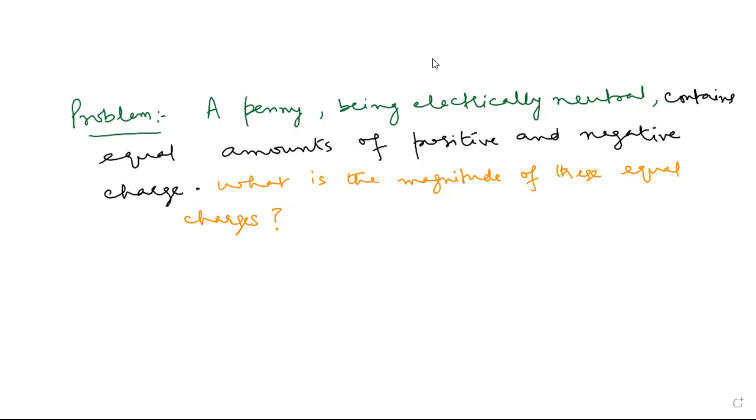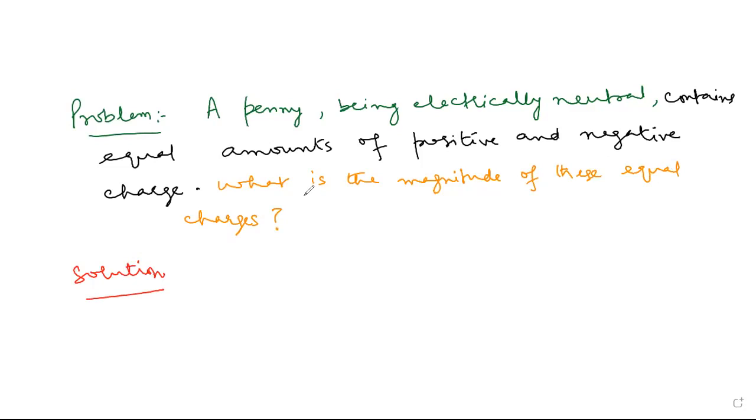So before going to the solution, let me check the problem and try to understand it first. A penny, what's a penny? It's a British monetary unit, and it is 1/100th of a pound. So it's a coin for us.